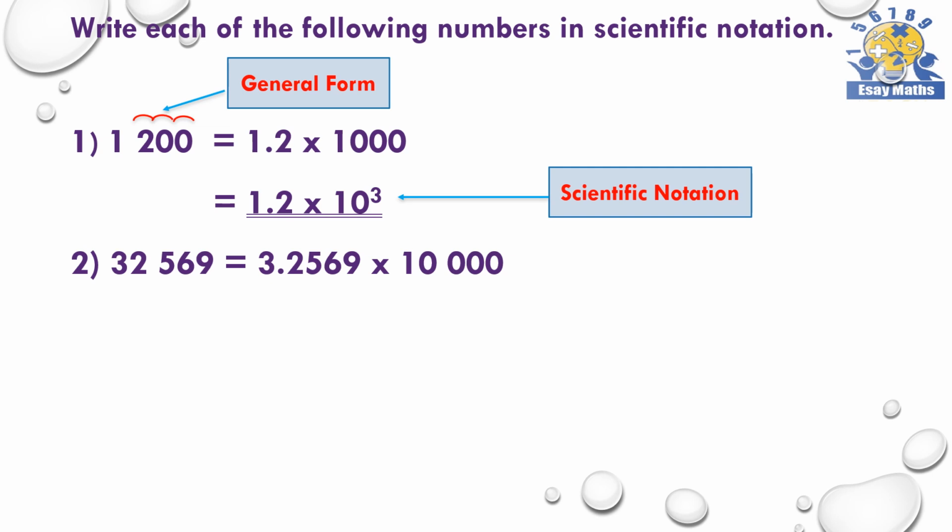Then multiplication sign. Then 10,000. To obtain the 32,569, you should multiply 3.2569 by 10,000.